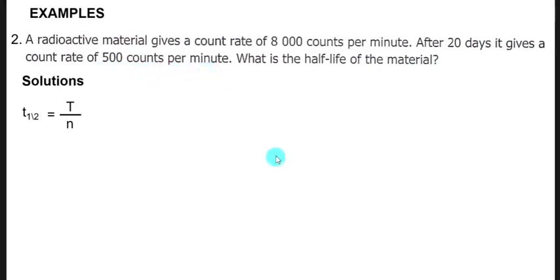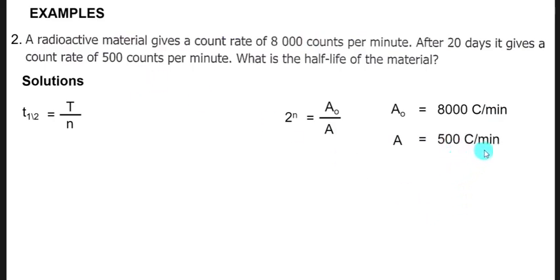So we are going to use the other equation to find n here. This one: 2^n is equal to original activity over remaining activity. So the original activity is 8,000 counts per minute, and A here is the remaining count rate, which is 500 counts per minute. n is unknown.